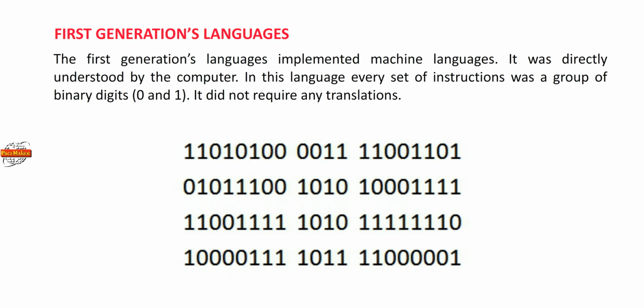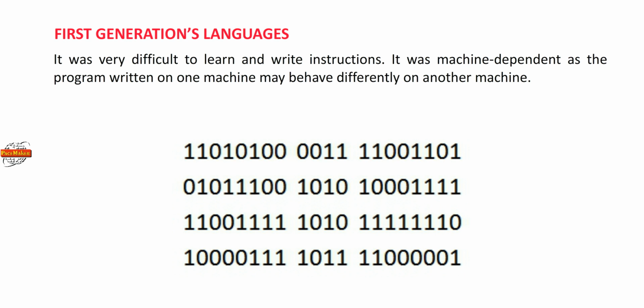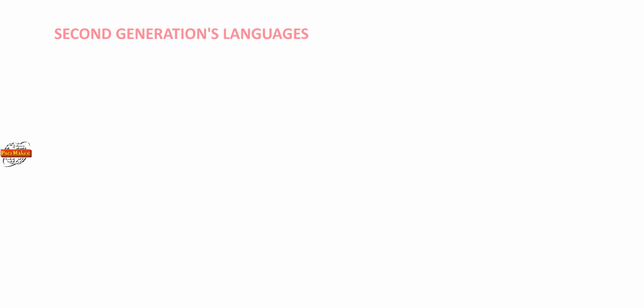It was directly understood by the computer, and in this language every set of instructions was a group of binary digits, 0 and 1. It did not require any translations. It was very difficult to learn and write instructions. It was machine dependent, as a program written on one machine may behave differently on another machine.